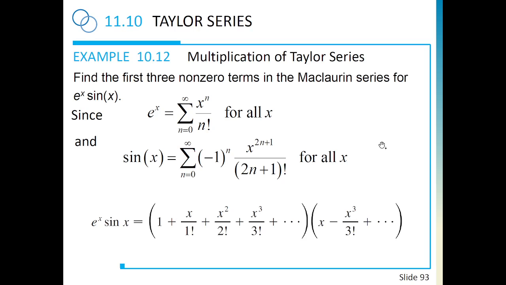We can also multiply Taylor series, so we are not going to do it because it takes some time. I'm just showing some examples, and you see here they ask only for the first 3 non-zero terms in the Maclaurin series, because obviously each series has infinitely many terms, so there's no way for you to multiply this forever.